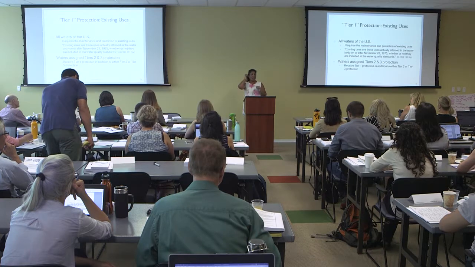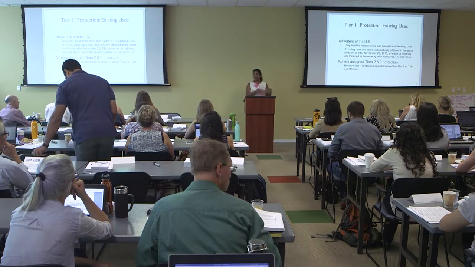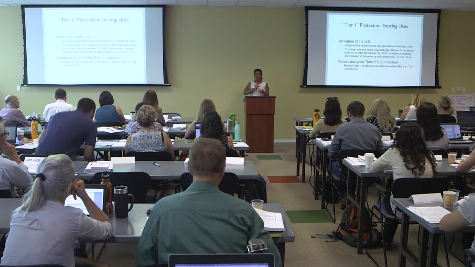So if I were to break it down, just like for designated uses in a UAA world, it's your floor. You can remove a designated use, but no matter what, you've got to protect that existing use. You have to at least protect what has been achieved since November 28, 1975.